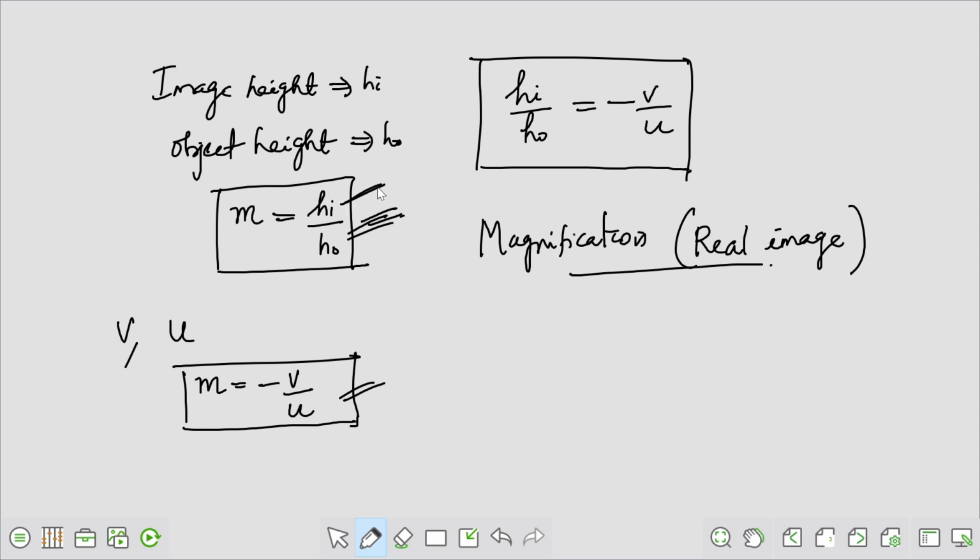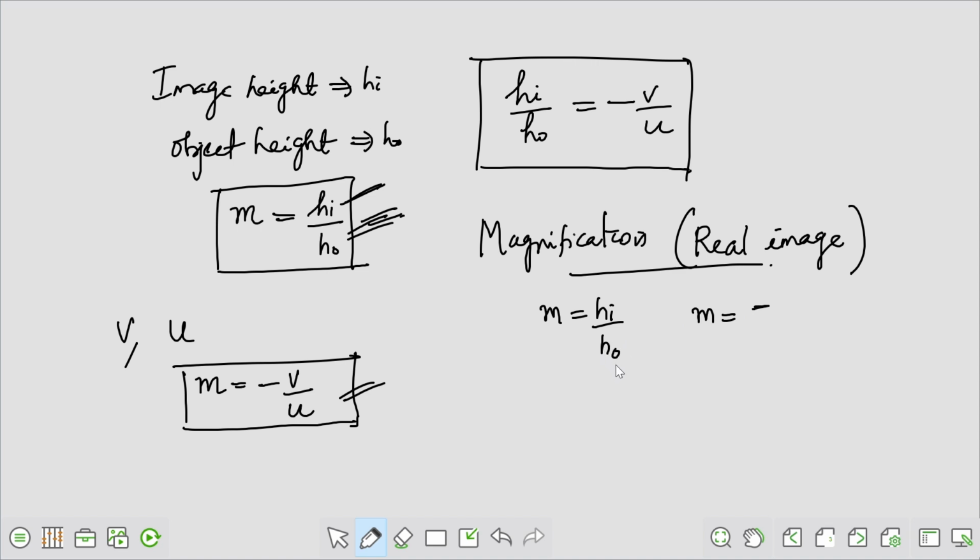So m is equal to hi by ho. Now real image means it is inverted. So what will be the sign? If it is inverted, negative. Yes, so I am writing the height of the image hi as negative since it is real. Now height of the object, what will be the sign? It is positive because it is above the principal axis.